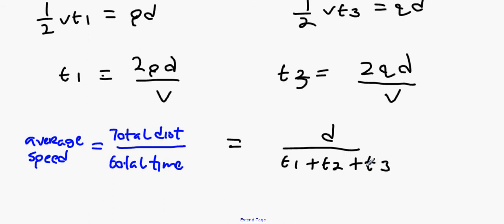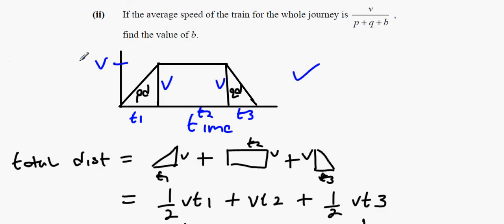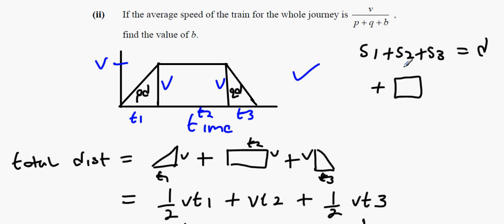So t2 is the problem currently. We need to get t2 in terms of P and D. What we can do is that we know that the total distance is D. So the first distance S1 plus the second distance S2 plus the third distance S3 equals D. The rectangle is S2, this is S1, this is the third one, and that equals D. We also know that S1 equals PD, and S3 is QD.